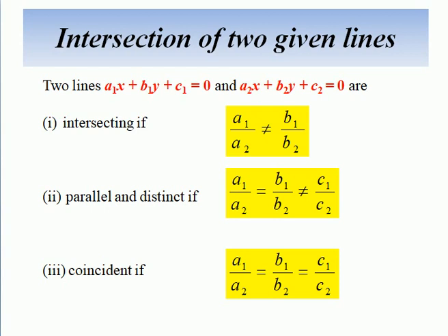So the next concept is intersection of two given lines. If we have two lines in the form of a1x plus b1y plus c1 equals 0 and a2x plus b2y plus c2 equals 0, then there are three conditions. That means these two lines are intersecting uniquely, and the condition is this.